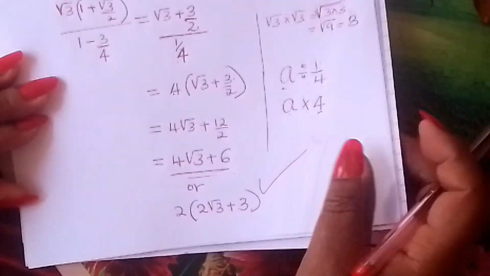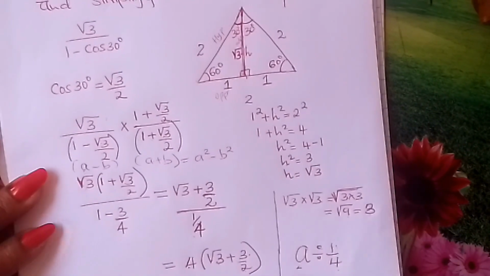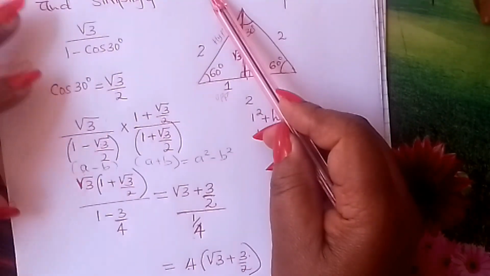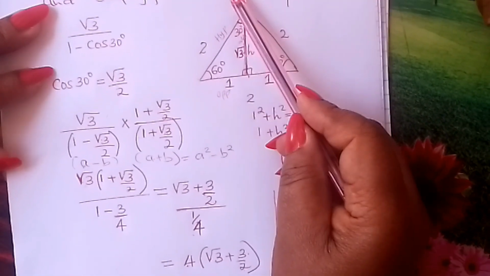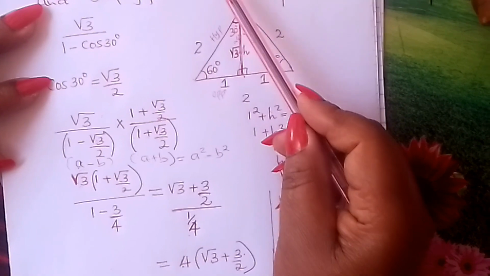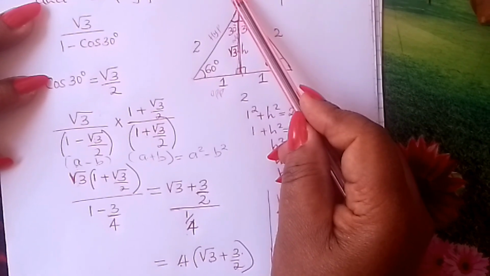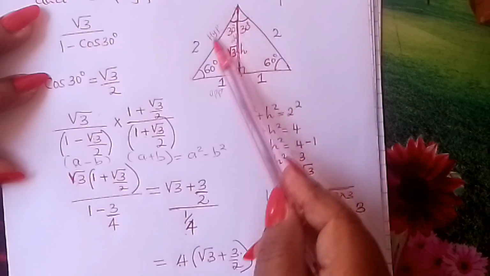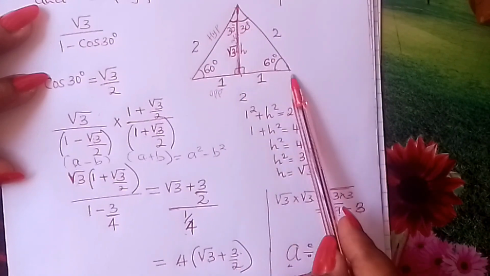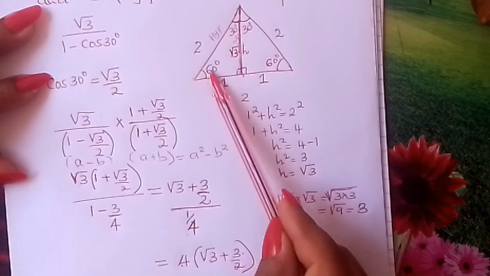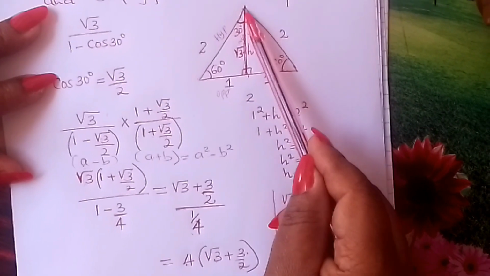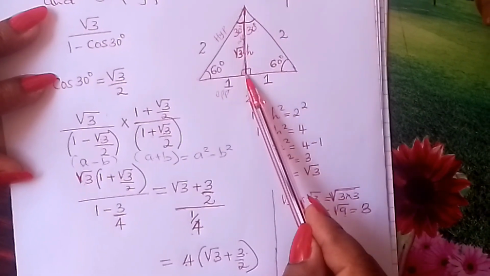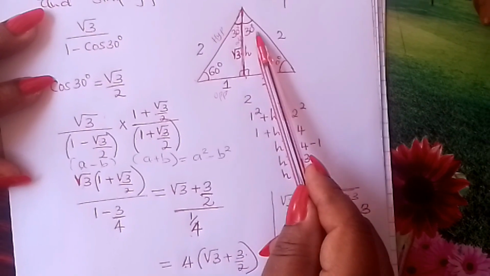So learner, go and master such problems whereby you have some trigonometric ratios and you're meant to express them in terms of surds. How do you express this, learner? In terms of surds, just summarizing, you put down an equilateral triangle of side 2, 2, 2. These angles are 60, 60, 60. This 60 here is subdivided into 2 equal parts by a perpendicular, and you end up with 30, 30.